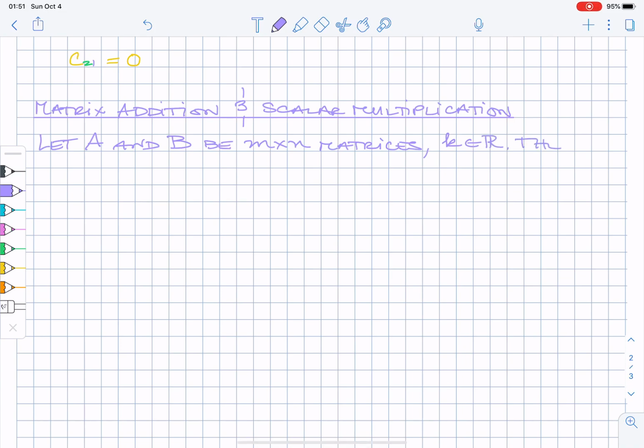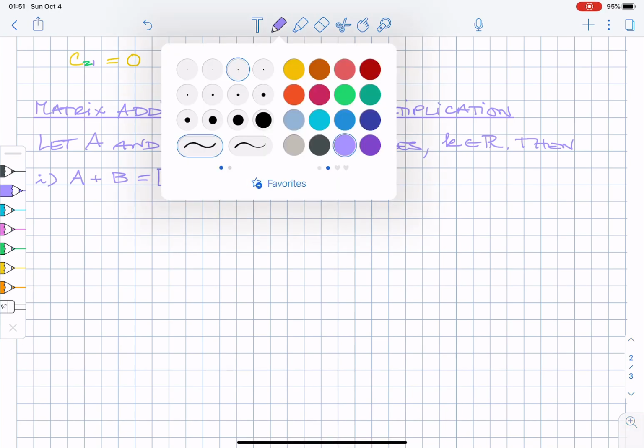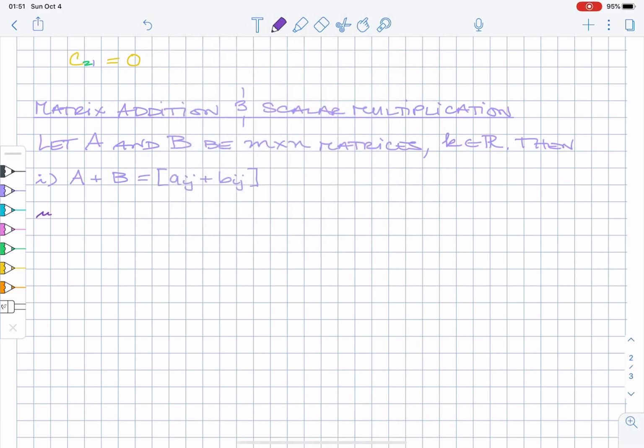Then, number 1, A plus B will be the matrix that is A sub ij plus B sub ij in each entry. And we will go over what that means in a moment. Number 2, A minus B will be the matrix where each entry is A sub ij minus B sub ij.